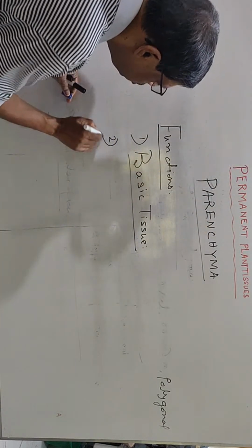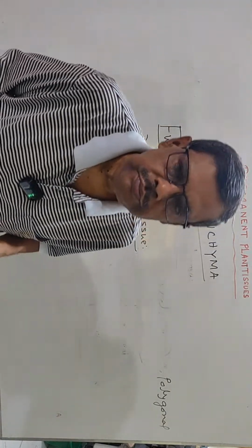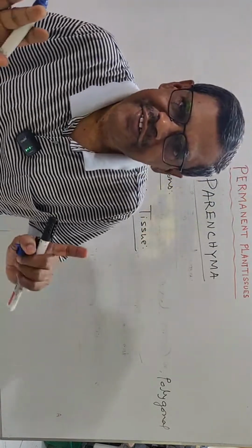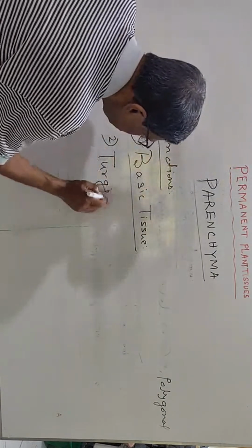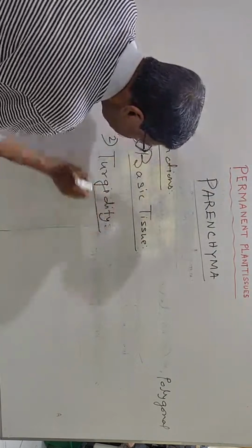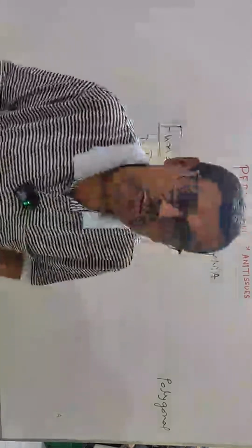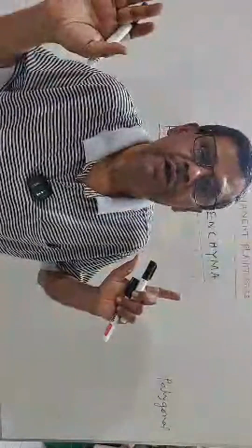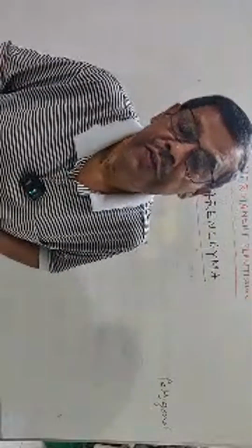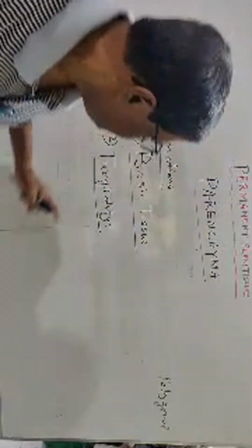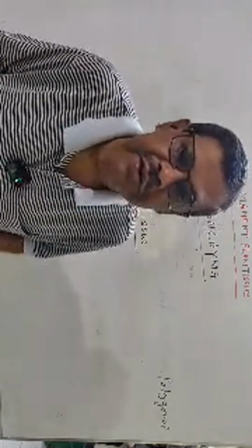Number 2, turgidity. What is turgidity? Due to turgor pressure, the cell wall and cell membrane expand to the best limit. In parenchyma tissue there is osmotic capacity, a turgor pressure.